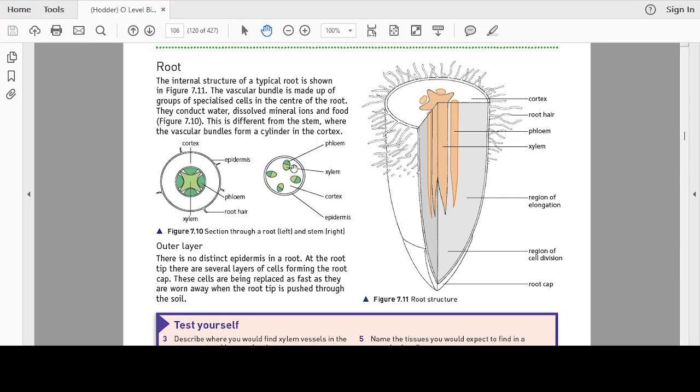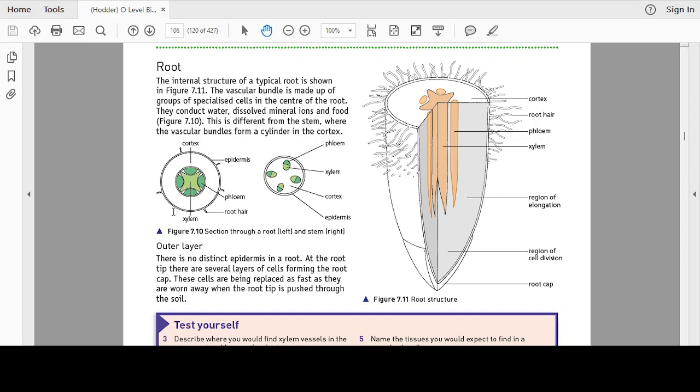They arrange the multiple vascular bundles in a circular pattern. Over here you've got them all concentrated in the center. A thing to notice here as well is that you've got the xylem on the inside, just like you did in the stem. So you've got this concentrated xylem vessel on the inside, and then it's surrounded by these flowing sieve tubes on the outside.